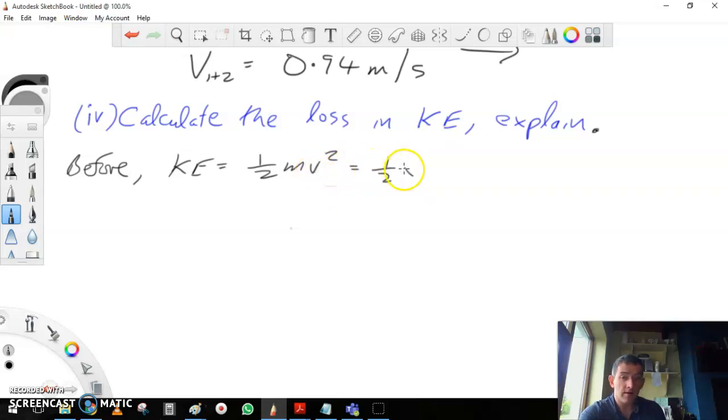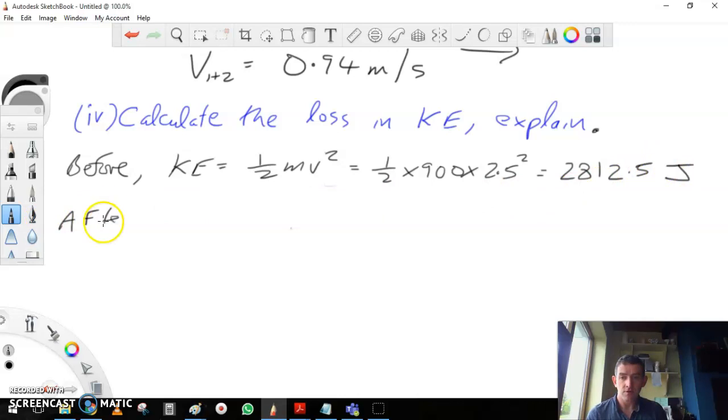So that's 1/2 multiplied by 900 multiplied by 2.5 squared, so 450 multiplied by 2.5 squared, and I get 2812.5. That's energy, so that's joules.